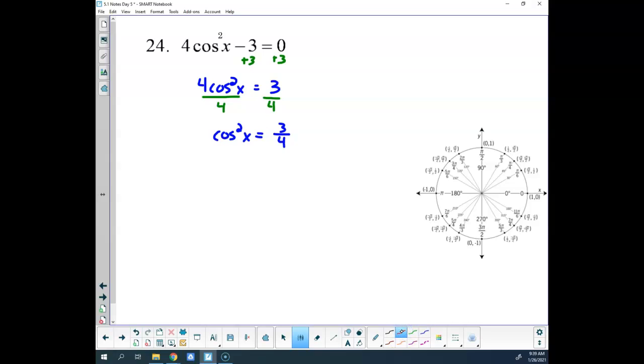Then I would square root both sides. When I square root, that automatically brings in the plus or minus. So then cosine of x equals plus or minus the square root of 3 over the square root of 4, and the square root of 4 is 2.